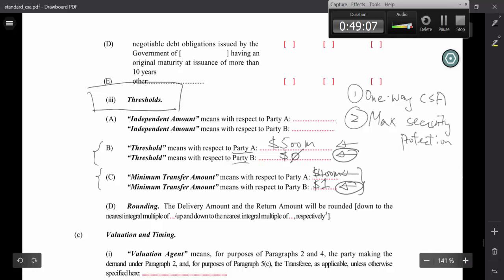And while you're at that, why not throw in an independent amount? So they have to put down $10 million to start with before you even play with them. And for you, 0. Right? So you can see how you can play this to your advantage.